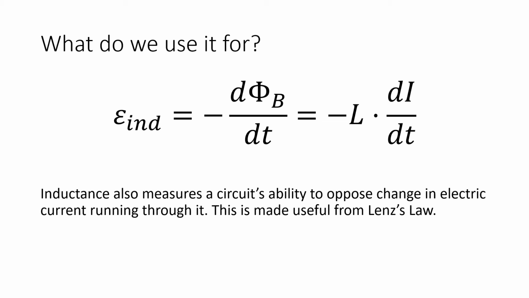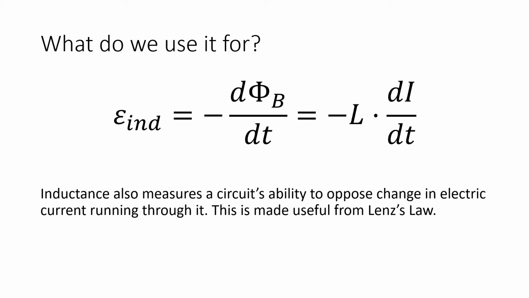It's related to the current. And so what this means is inductance also measures a circuit's ability to oppose change in electric current. And so that's what that means if you go from this equation from left to right, right? To the left side, you have Lenz's law, but then you plug in Li for the flux, and you say inductance is what measures how strongly a circuit opposes that.